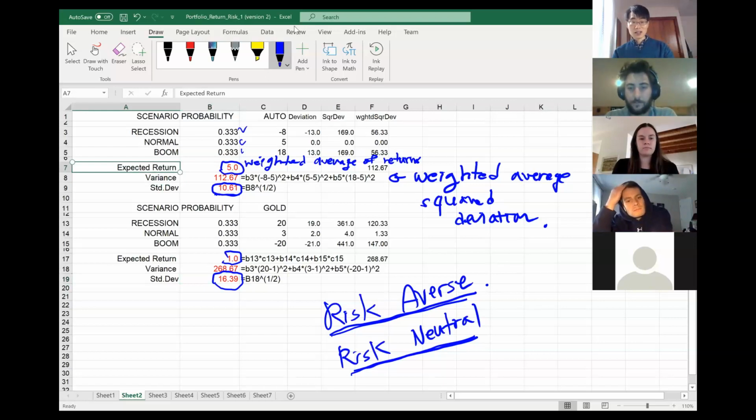Obviously the expected return of auto is greater, so you will prefer auto to gold. If you are risk averse, you will prefer auto even more, because even if the rates of return of auto and gold were the same, gold is riskier. Are you guys with me so far? Okay.